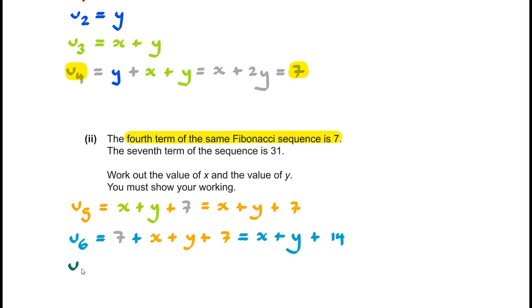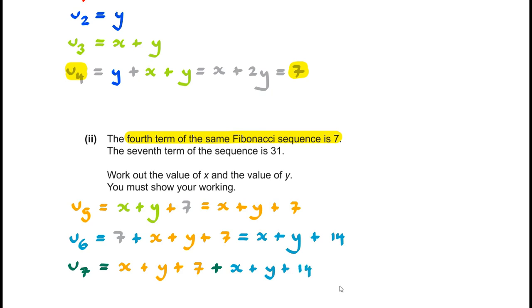So then for the seventh term, we've got the fifth term, x plus y plus 7, plus the sixth term, which is x plus y plus 14.